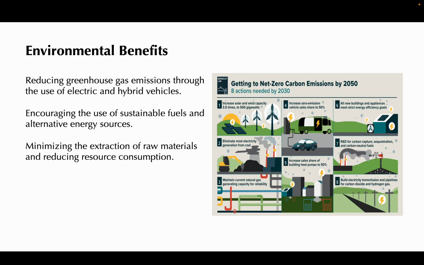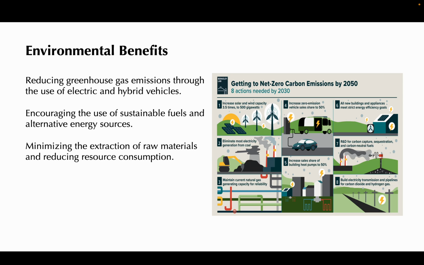Now, the next slide discusses environmental benefits of this entire venture. There's a lot of hype about getting net zero carbon emissions, and a lot of countries are aiming to be net zero carbon free by some deadline. For example, India is aiming for 2075.